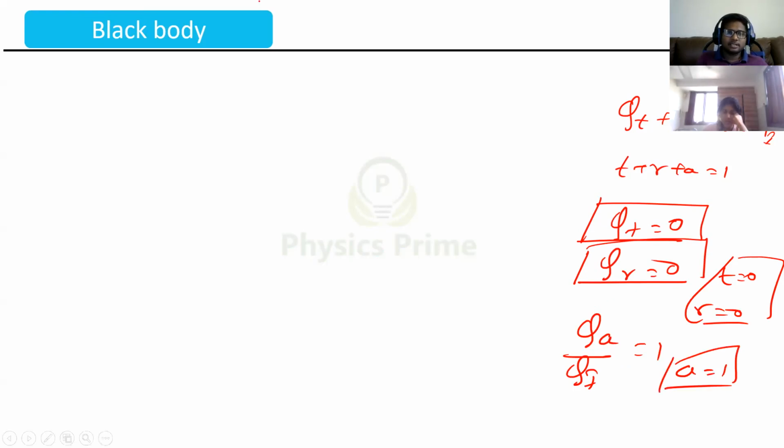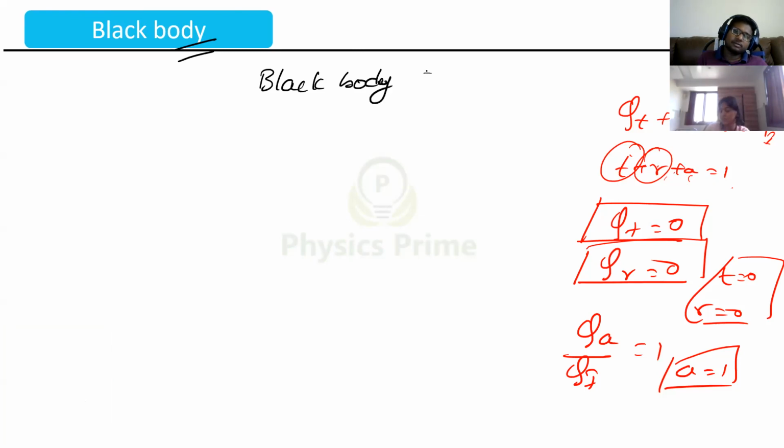Then body, absorbed is equal to incident. T 0, R 0 means A should be 1 or not. That means whatever energy you are incident, that entire energy is absorbed. That body is called a black body, a perfectly black body, we can call it. Okay.